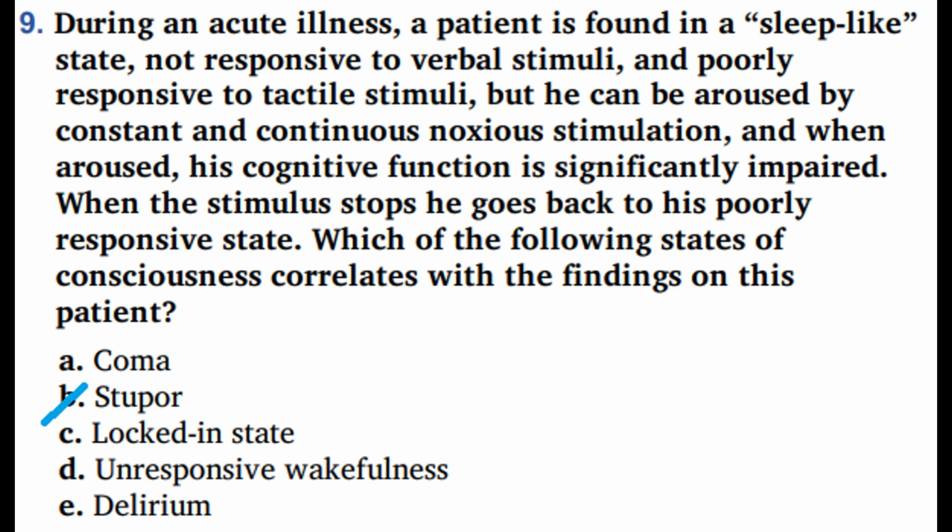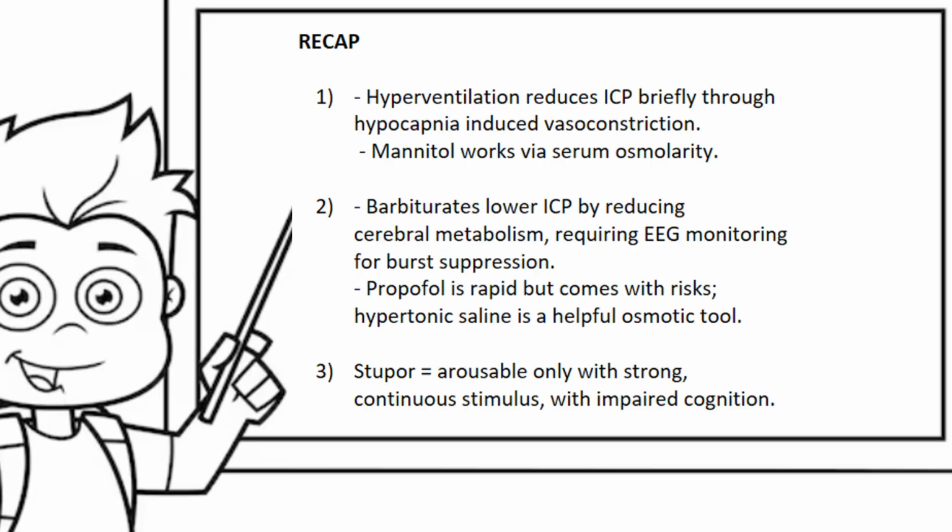So, now that we have done this, let's take a final recap to lock this in. For intracranial pressure management, hyperventilation reduces ICP briefly through hypocapnia-induced vasoconstriction. Mannitol works by raising serum osmolarity and not CSF osmolarity, and you need to watch out for rebound and monitor the labs. Barbiturate coma lowers the ICP by reducing cerebral metabolism, requiring EEG monitoring for burst suppression.